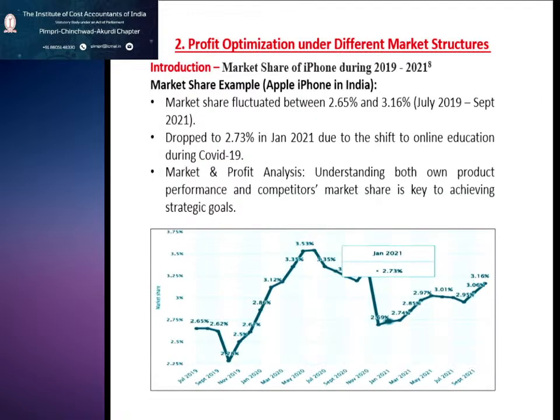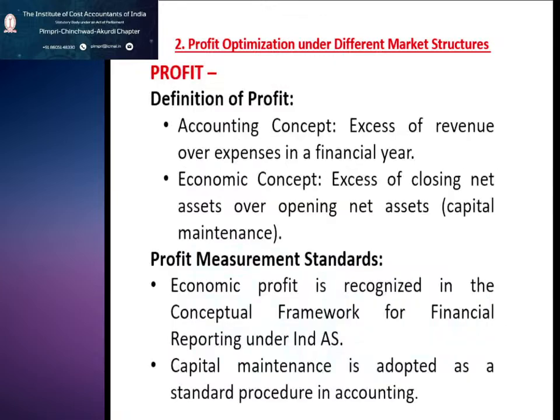We saw how the market share of iPhone has behaved over a period of time. Then we saw the definition of profit, what is meant by profit from the accounting concept and the economic concept. We saw certain profit measurement standards also.